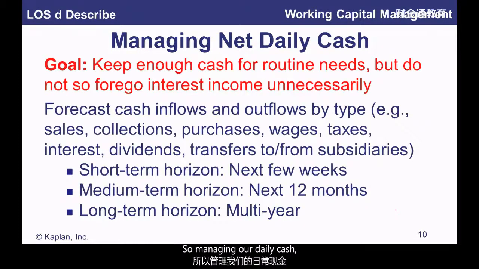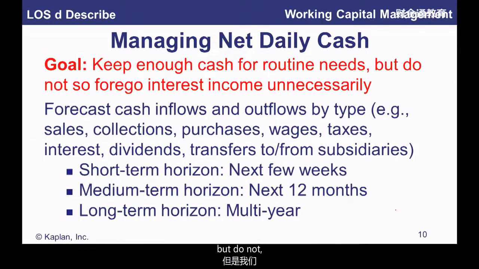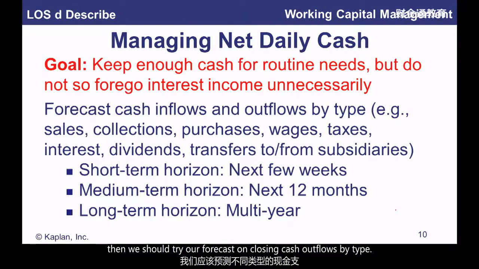So managing our daily cash, the goal is we need to keep enough cash for routine needs, but we don't want to forego interest income unnecessarily. So if we've got too much cash on hand, then we are losing out on interest. So to determine how much cash we need on hand, we should try and forecast our cash inflows and cash outflows by type.